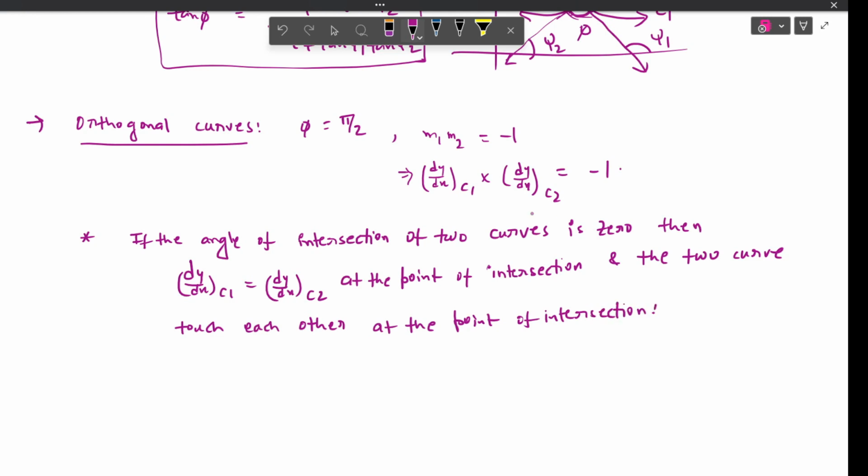Okay, if the angle of intersection is 0, then the two curves should touch each other, okay, in this manner.